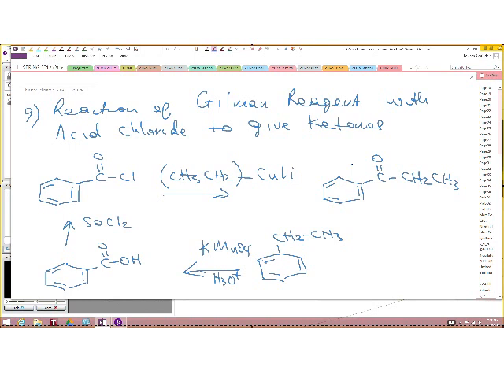Okay, so I have given you 9 different methods for making aldehydes and ketones. So we still have plenty of time. Okay, so now let us go to the reactions of aldehydes and ketones.